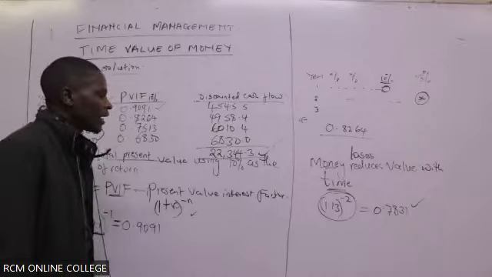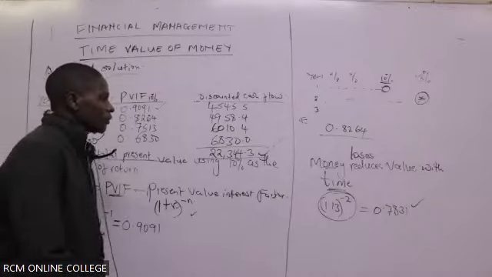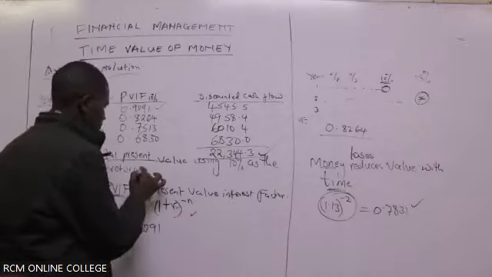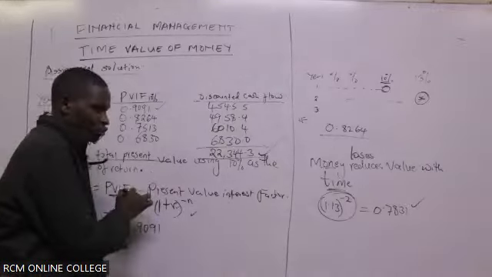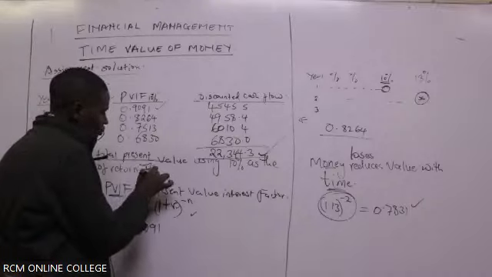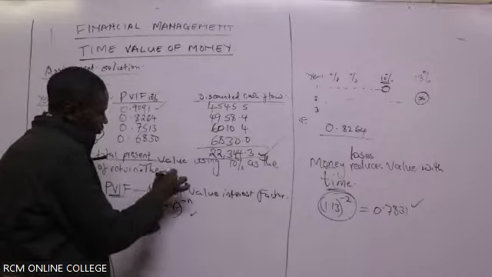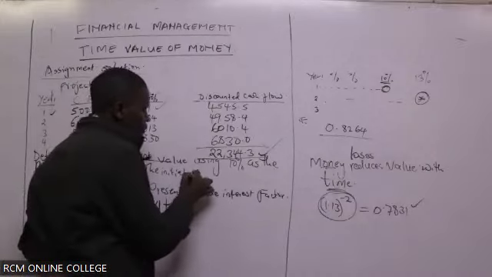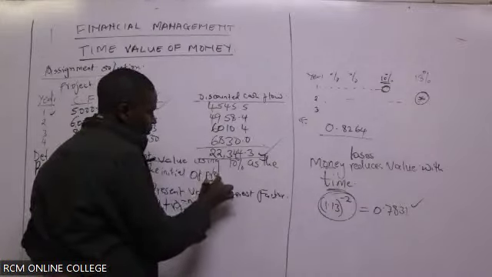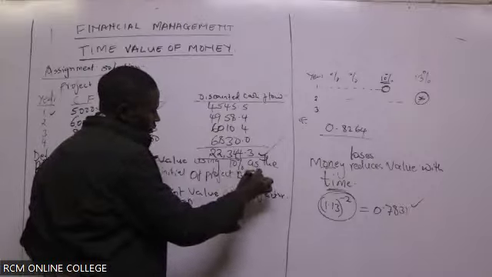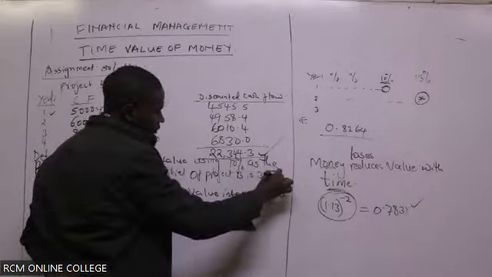Okay, now assume examiner tells you to add an information here and tells you that the initial outlay, we are expanding it now, the initial outlay of project B is 30,000.